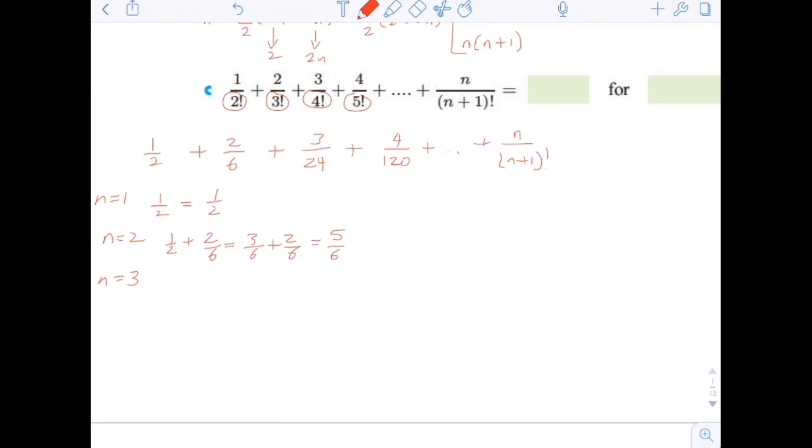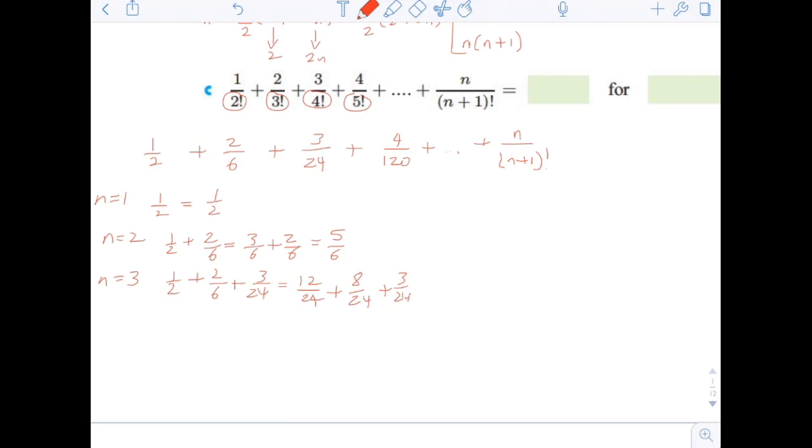For n equals 3, we're going to have the first 3 here. So it'll be 1/2 plus 2/6 plus 3 over 24. We could put them over a common denominator. We get 12 over 24 plus 2 over 6, which is equivalent to 8 over 24, and 3 over 24.